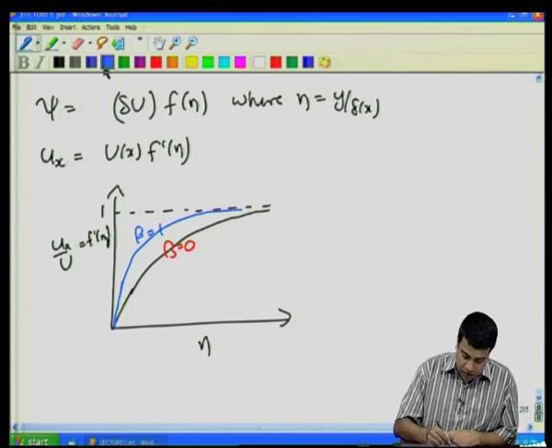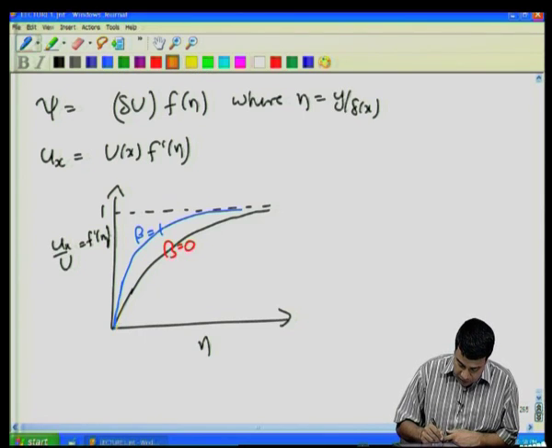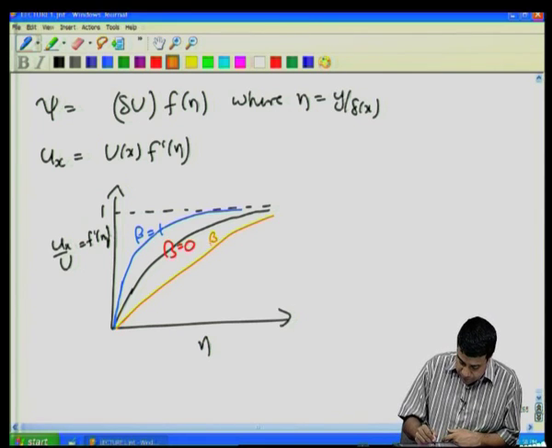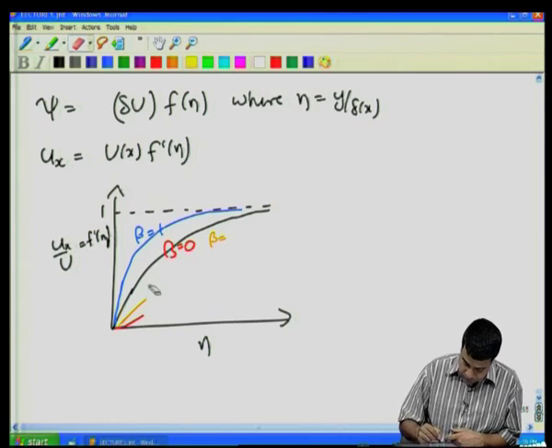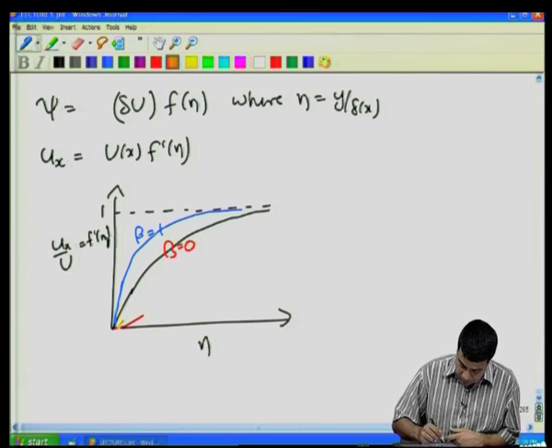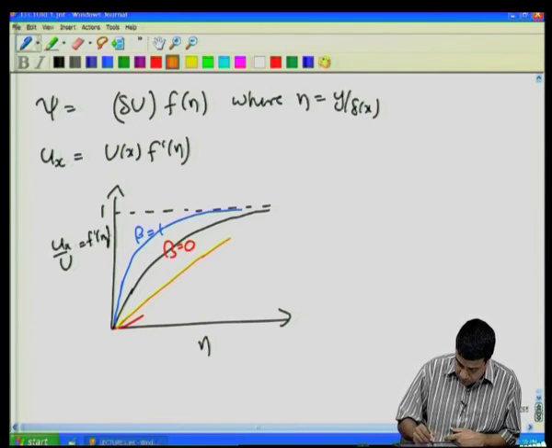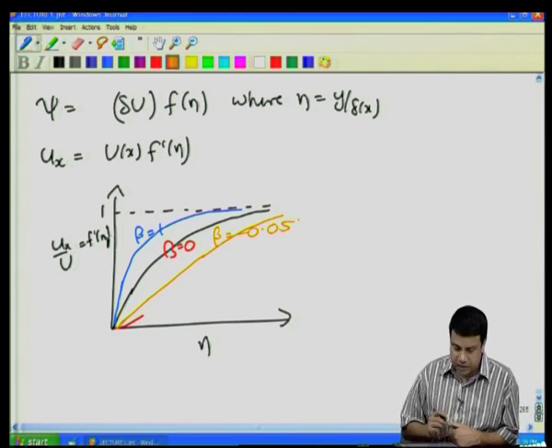If you decrease beta below 0, you find that at beta equal to minus 0.05, you get something like this.